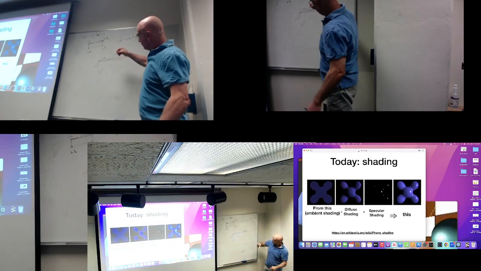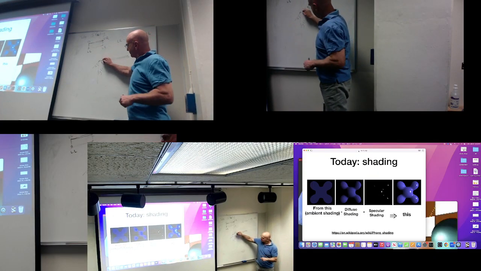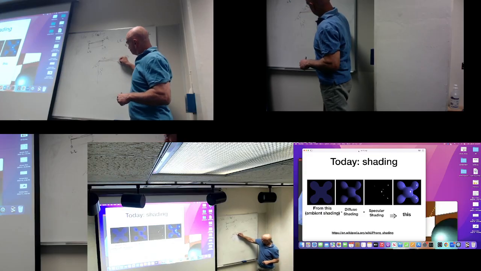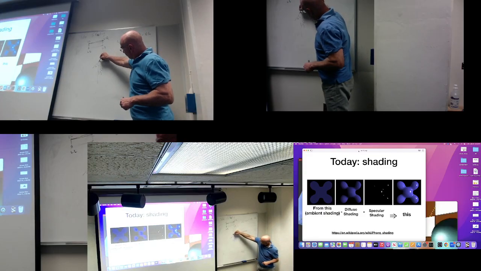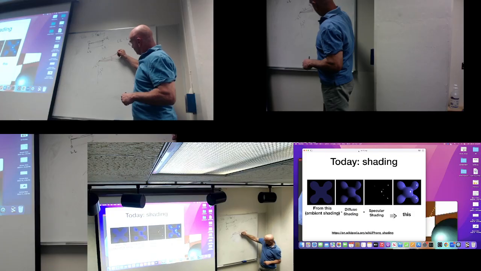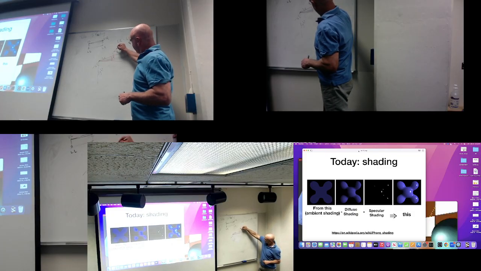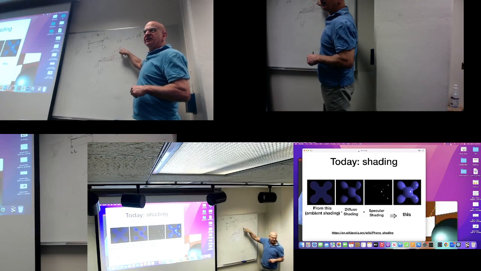Why is this a bit wider? Because, and I think that answers your question, even if I'm not exactly at alpha, but I'm at an angle of alpha plus or minus some theta, I still see the reflection of the light right here.